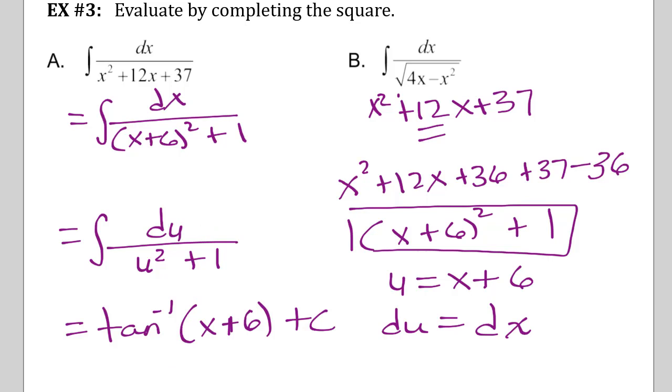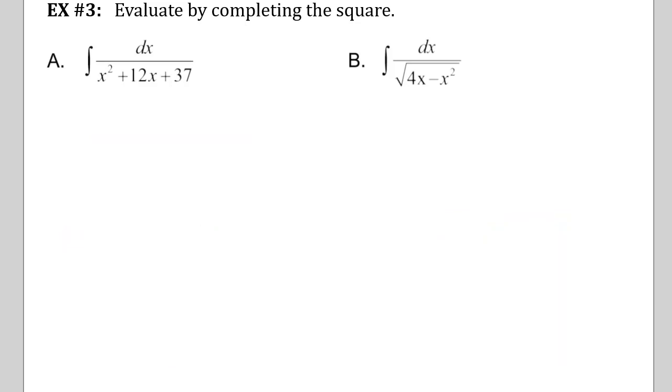All right, let's see what it looks like if we try something similar on B. I think someone asked a question about this: what do we do if we've got a negative there? So we're going to work it out. Whenever we complete the square, it's important that the coefficient on the squared term be positive 1.